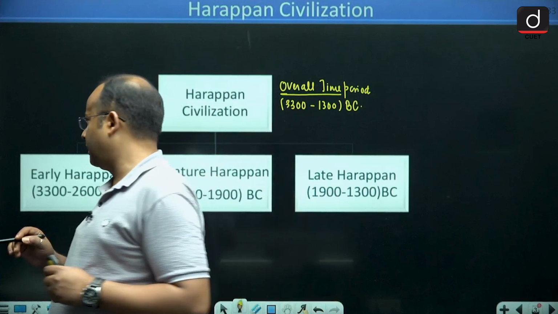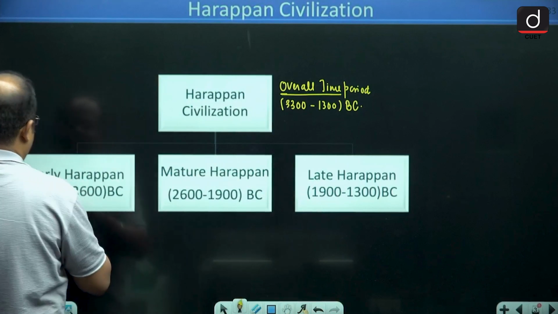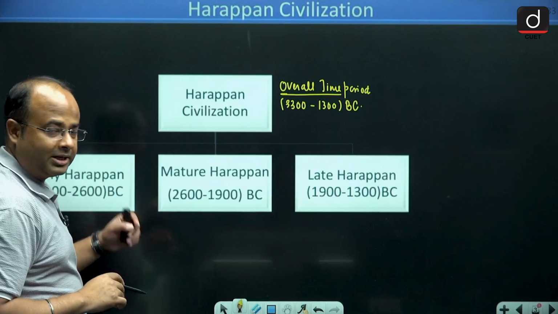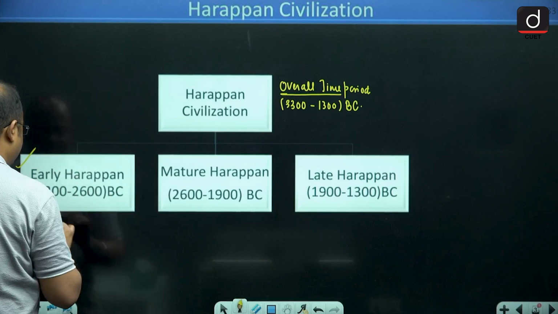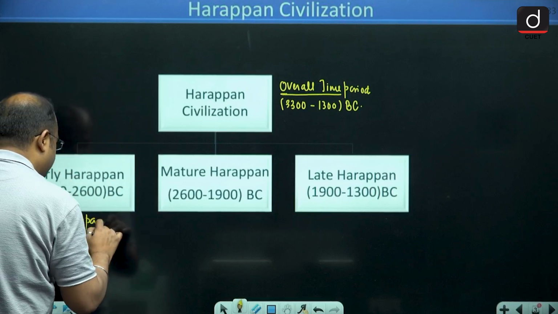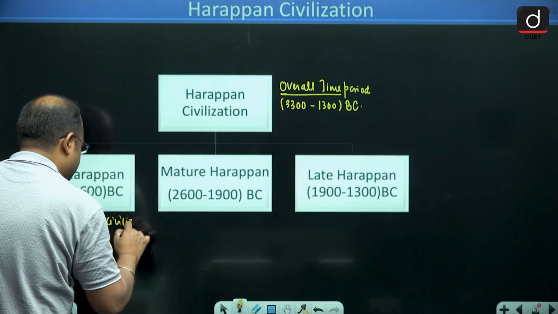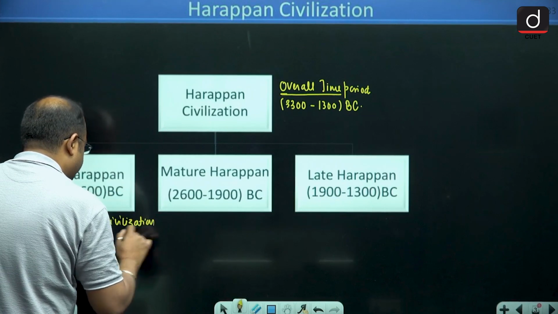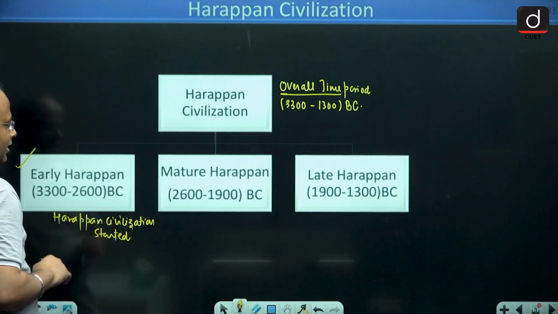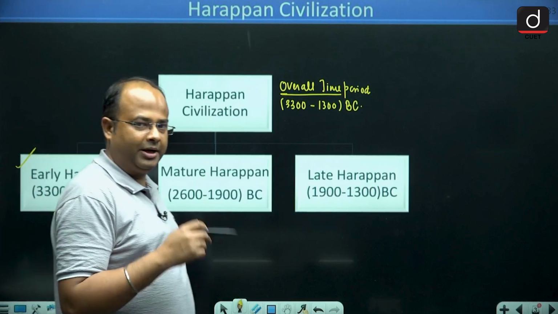First is called the early phase. The early phase is from 3300 to 2600 BC. This is the period when the Indus Valley or Harappan civilization started, or began.